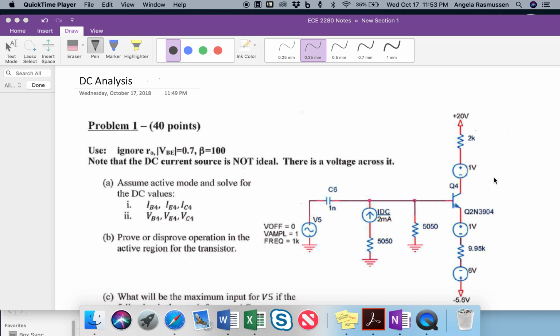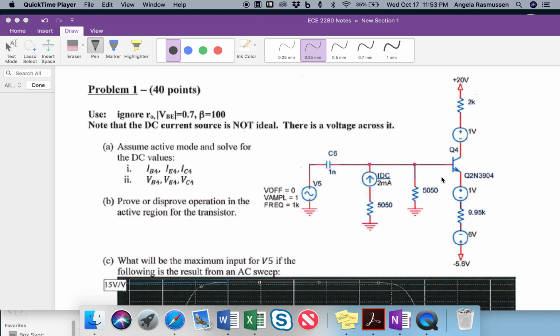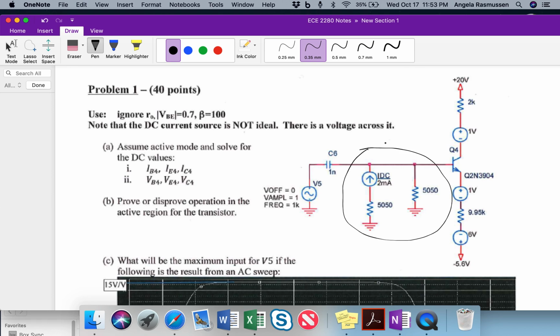This is another example of solving to find the DC values for the currents and the voltages in a circuit. To start, you can take a Thevenin equivalent of the part of the circuit that has a little more complexity.